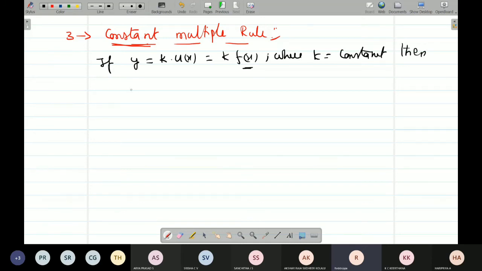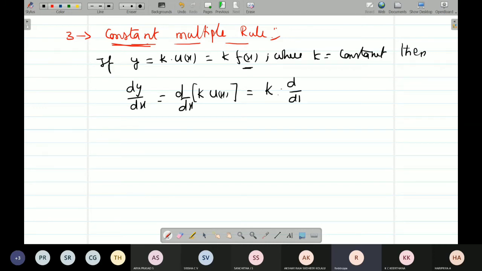differentiation of y with respect to x, that is dy by dx, is equal to d by dx of k into u of x. When you come across the constant multiple rule, that means if a function is a multiple of a constant, then you have to take the constant out and then differentiate.